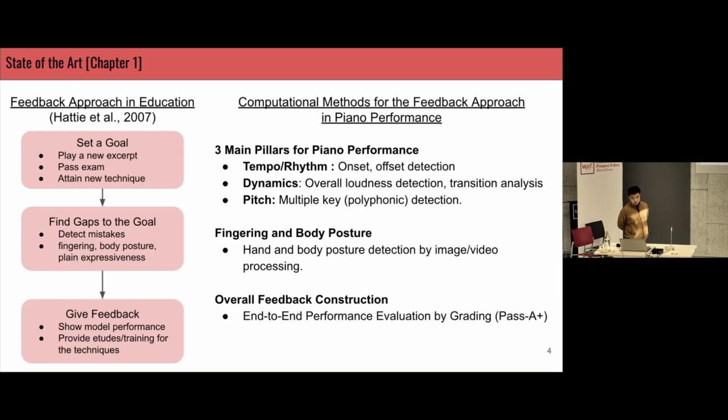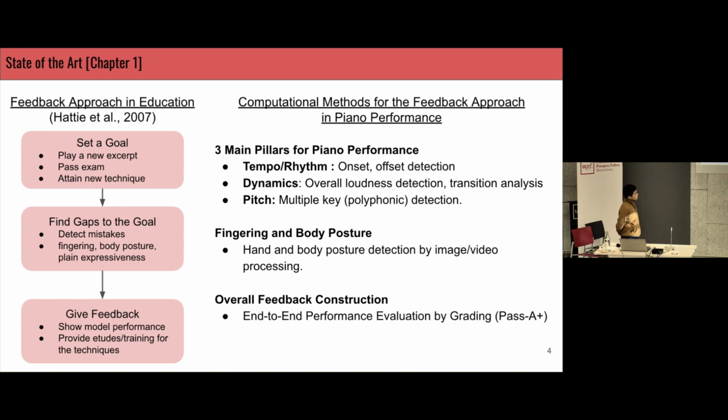And in computational methods to support this feedback approach, currently we have these points to support. Piano performance itself consists of two main pillars, tempo or rhythm, and dynamics and pitch. Those 3 points are the main points to evaluate piano performance itself.